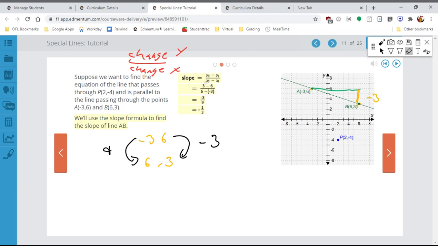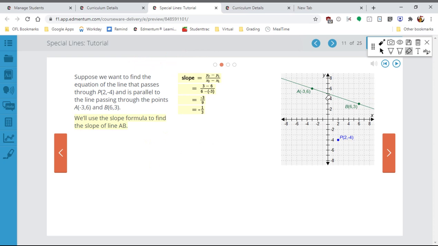What changed? We went down 3. What changed with x? We went over 9. Is that making sense? Cool. All right. So that's how we end up getting this -3/9, which ends up being -1/3.